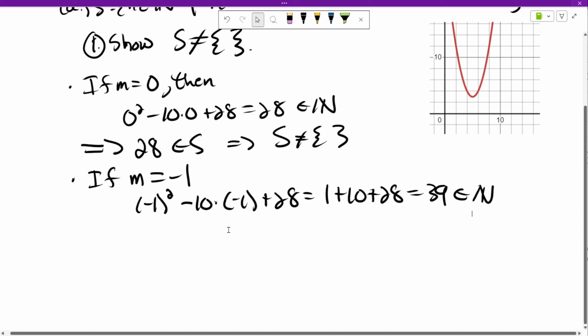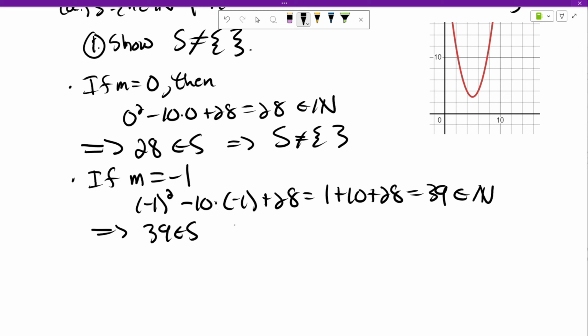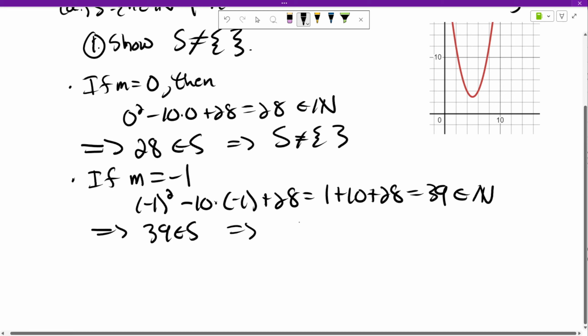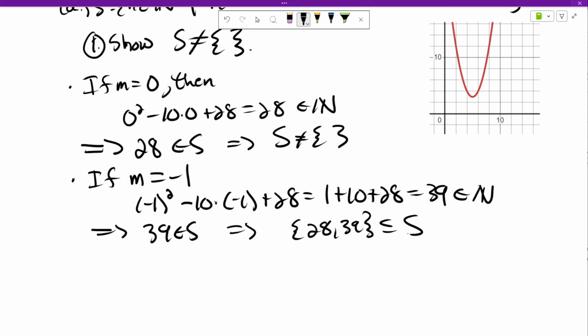So this tells us that 39 is in S, because we can write it as an integer squared minus 10 times an integer plus 28. So S has the elements 28 and 39, and in fact it has more than that, but this is what some of the elements in S look like, and this is how you show those elements are in S. You find an integer that when you plug it into our expression, we get the corresponding natural number.